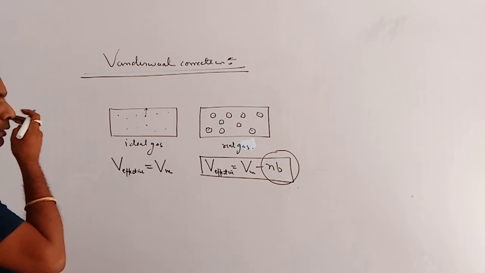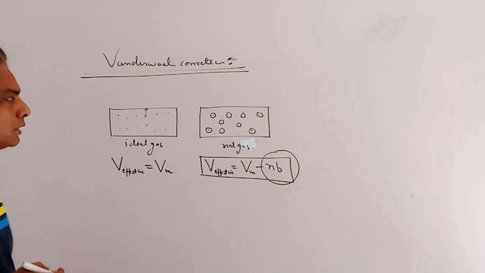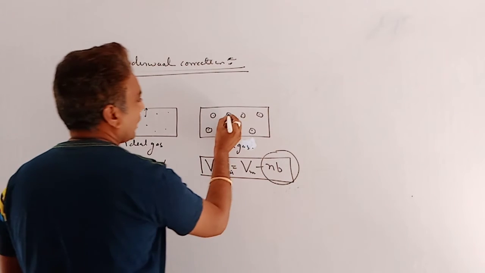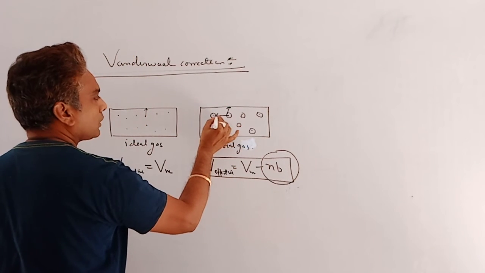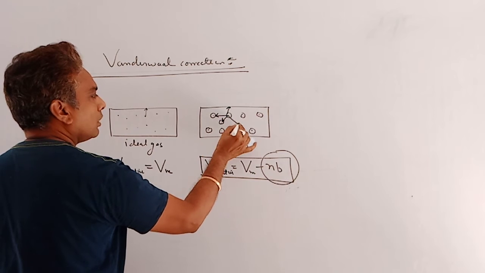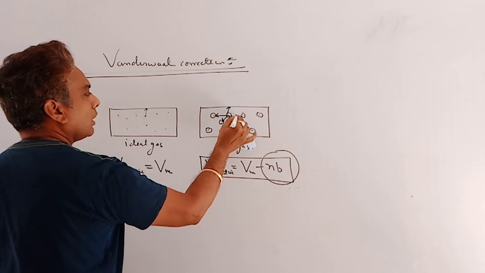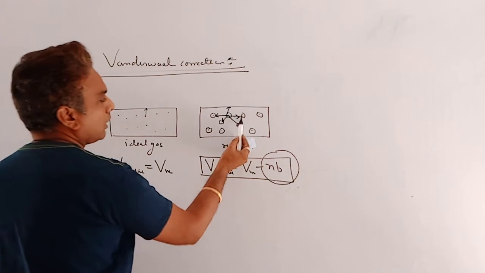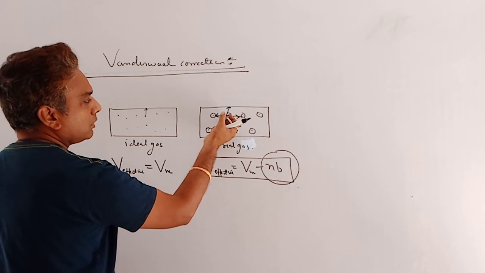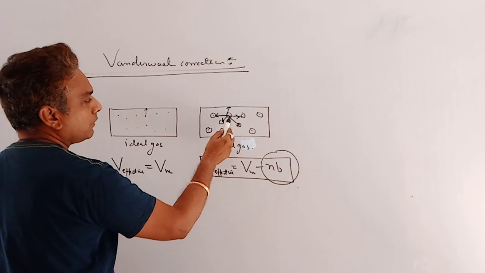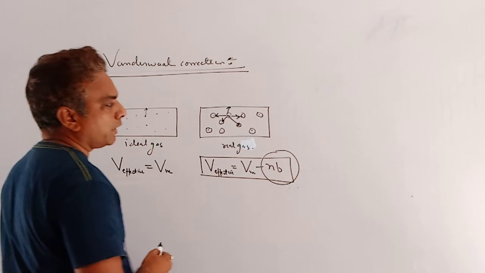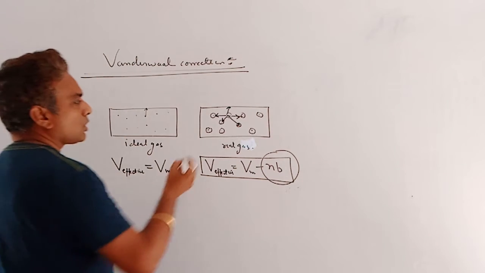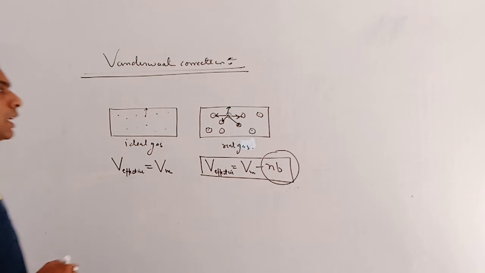But in case of real gas, the striking rate of real gas particles is not effective due to the cohesive attraction between real gas particles. The other particles attract the striking real gas particle toward themselves, so the pressure exerted by real gas is less.